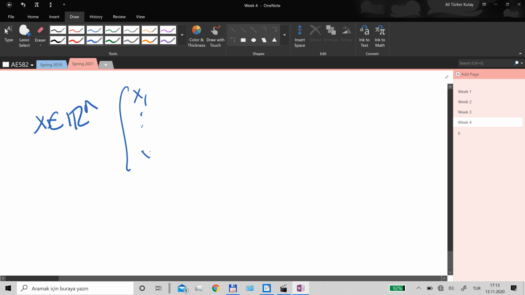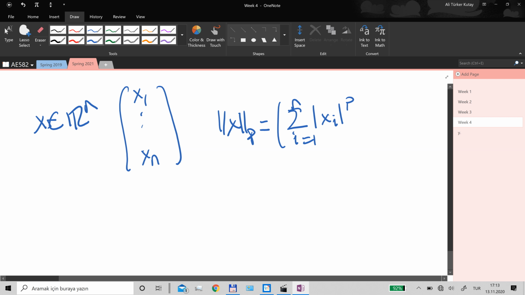Remember how we defined the p-norm for that vector: the summation of the pth power of the absolute value of every element. You sum them up through the entire vector, and you take the pth root of that summation.